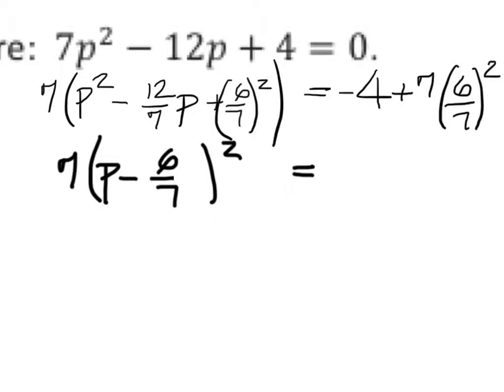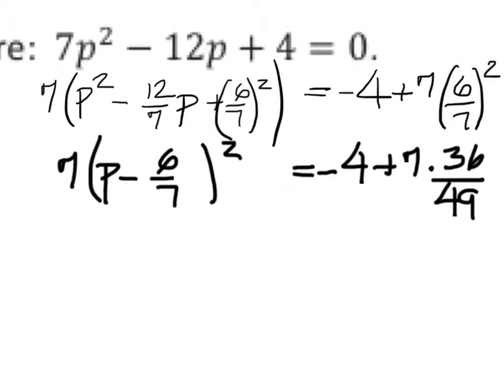And then on the right-hand side, we have this stuff over here to simplify. So we have a negative 4 plus 7 times the quantity squared of 6 over 7, which is 36 over 49. And we can simplify that a little bit more.